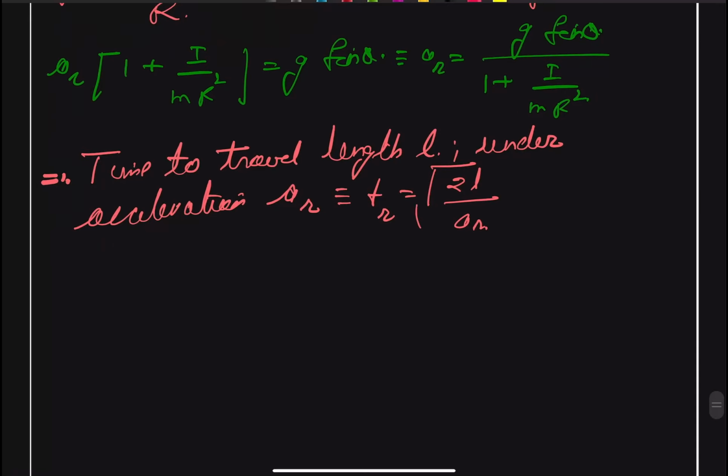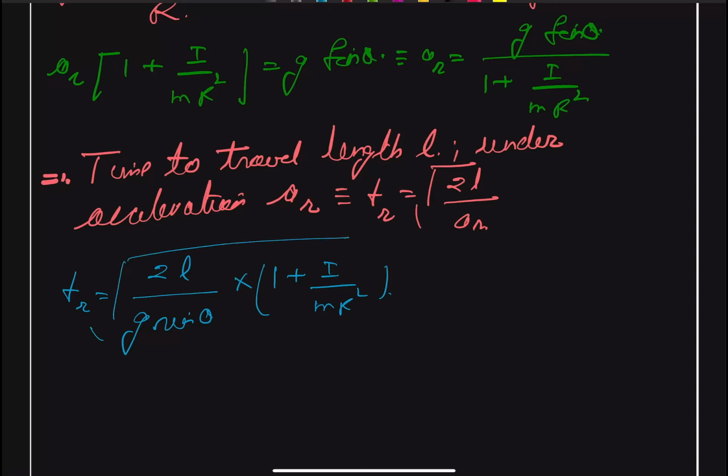And we substitute the value of a_R. So we get t_R will be equal to the square root of 2L divided by g sine of theta multiplied by 1 plus I upon m r square.